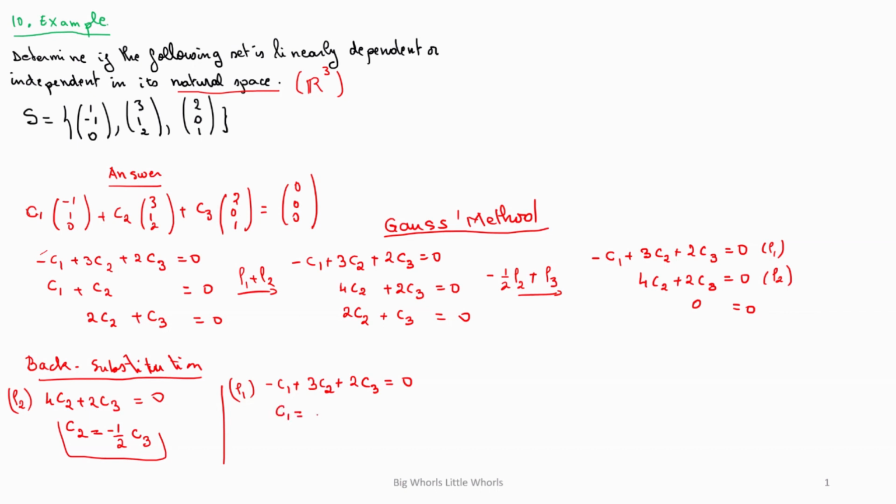So C1 = 3C2 + 2C3, which is 3 times (-1/2 C3) plus 2C3.